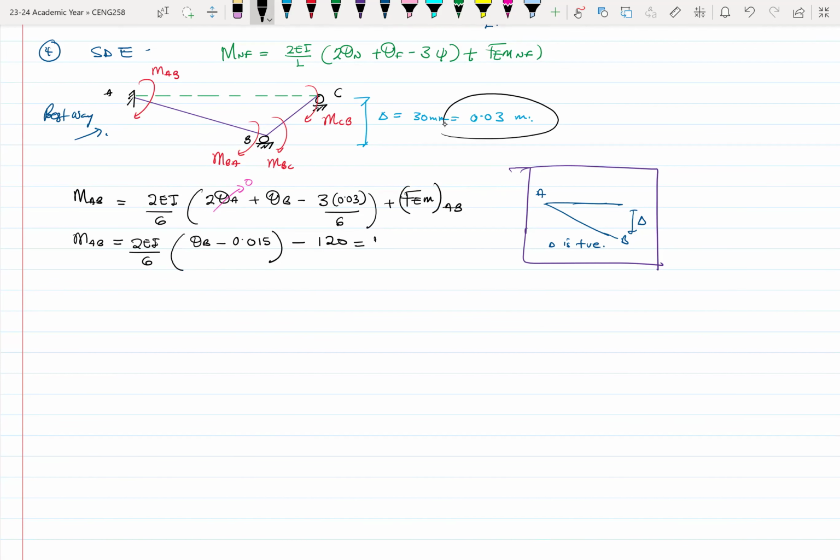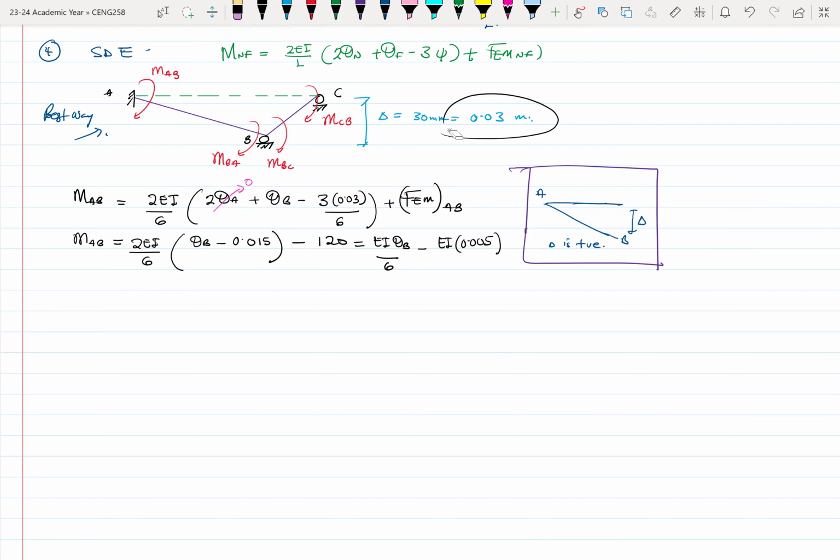So it becomes EI theta B over 6 minus 0.005.